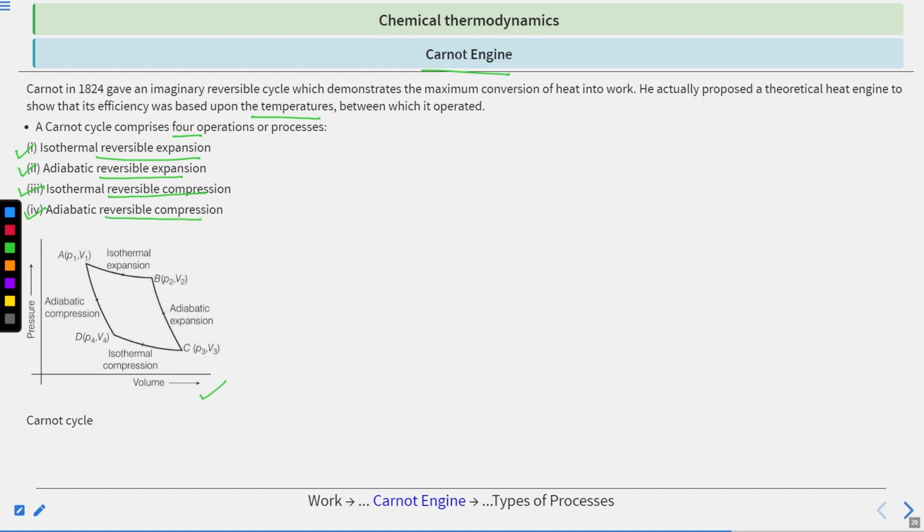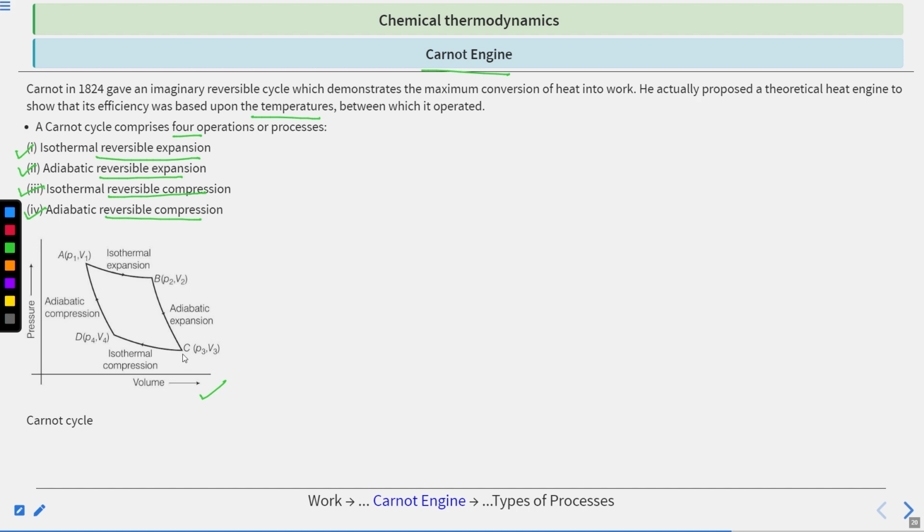And this is the diagram of the Carnot cycle. On the graph, the x-axis denotes volume and the y-axis denotes pressure. Basically, P1 V1 is point A. From A, going down, the increase in volume and slight change in pressure is isothermal expansion. At B, the pressure becomes P2 and the volume V2. From B, a sudden change in pressure and a slight change in volume happens, and we reach point C, where the pressure is P3 and the volume is V3, by adiabatic expansion.